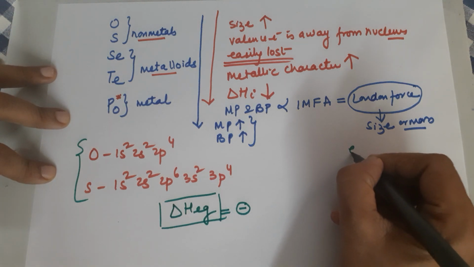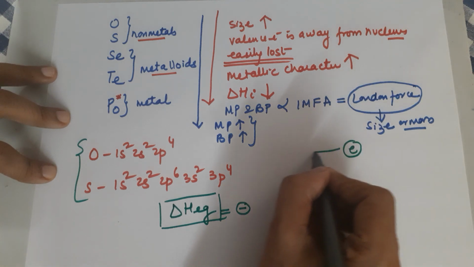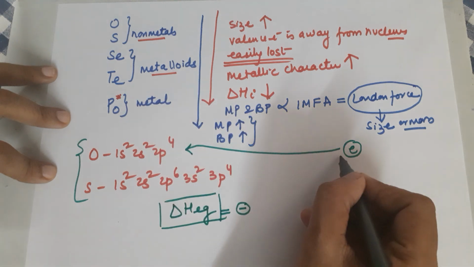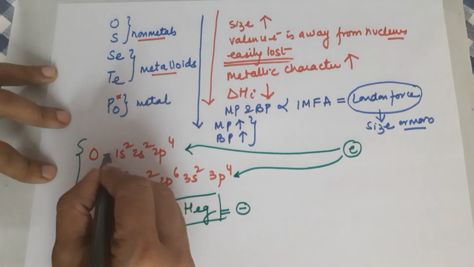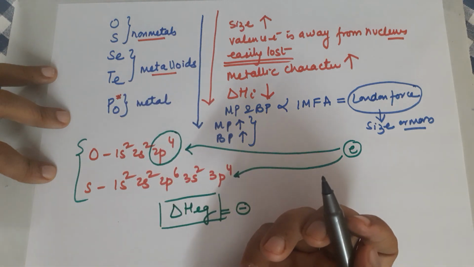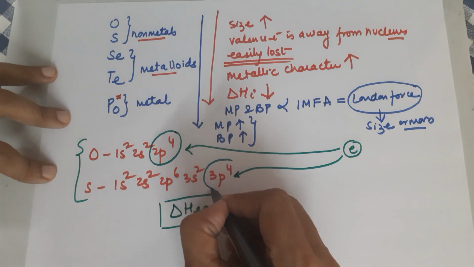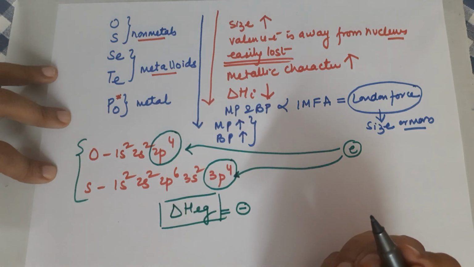Now, if I have an electron from outside and it has to enter these atoms, then in case of oxygen, the electron has to enter a 2p which has got 4 electrons already, whereas in case of sulfur, the electron has to enter a 3p which also has 4 electrons already.